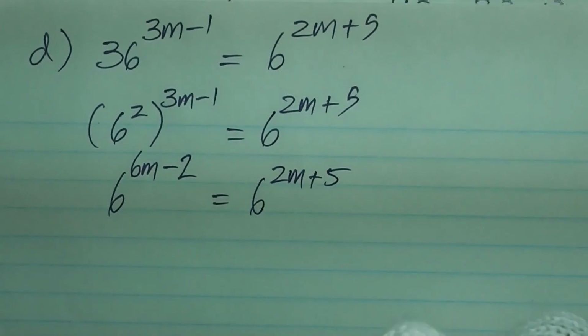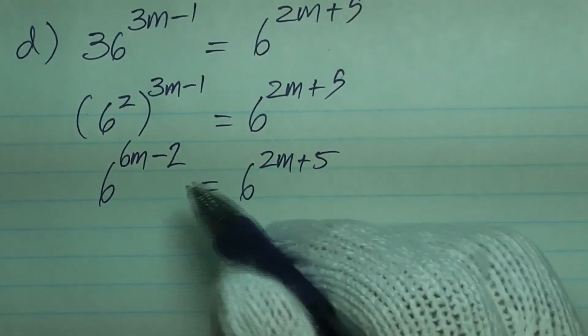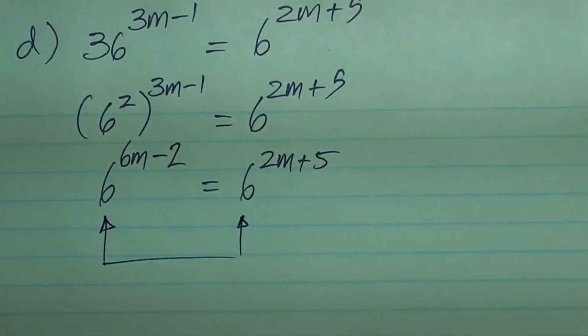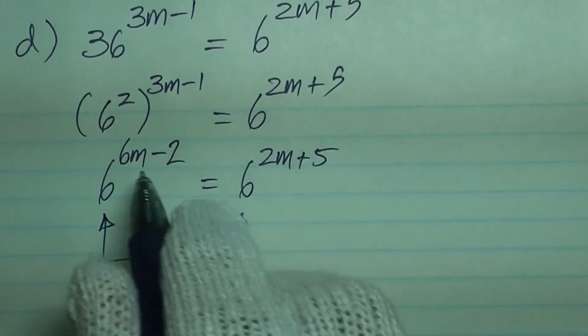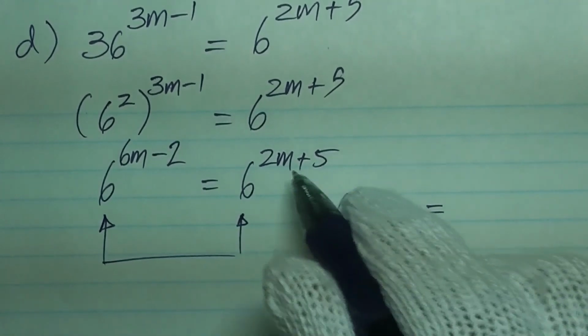And just like in the other examples, my bases are equal. So I can say 6m minus 2 equals 2m plus 5.